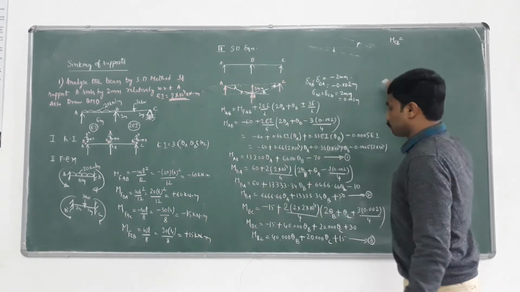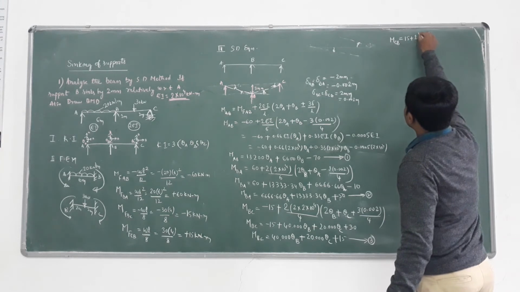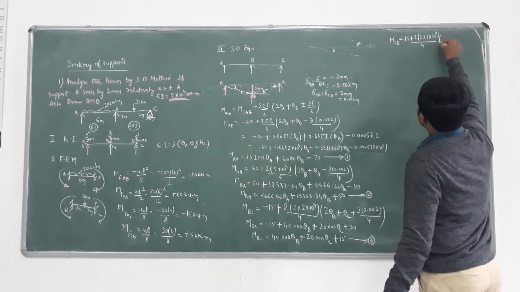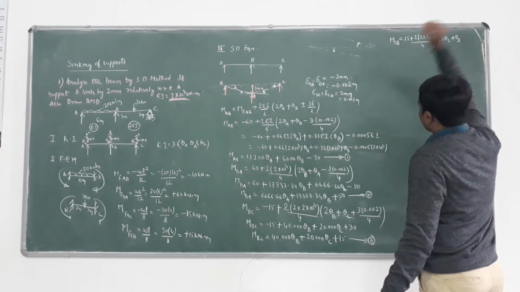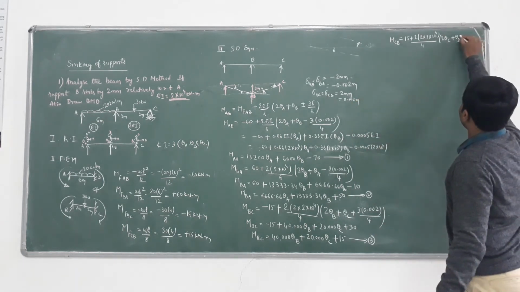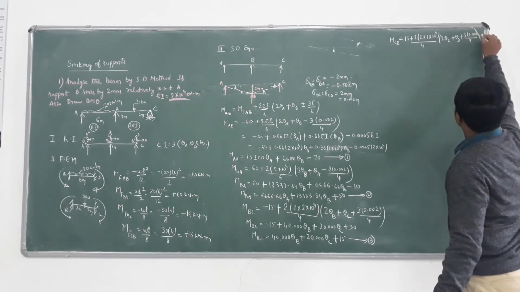MFCB is plus 15, plus 2 into 2 EI, 2 into 2 into 10 power 4, EI divided by L, where L is 4, into 2 theta C plus theta B. This is plus 0.002, plus 3 into 0.002 divided by L, where L is 4.